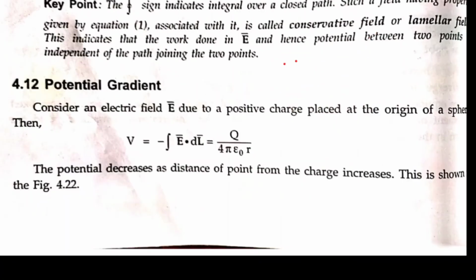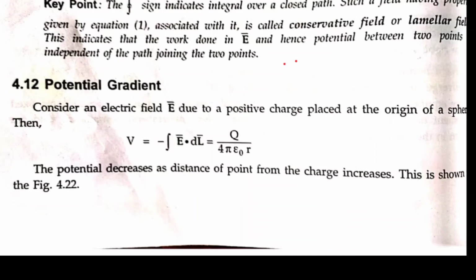Now we go for potential gradient. If you consider electric field E due to a positive charge which is placed at the origin of a sphere, already we saw that for equipotential surfaces, with a point charge placed at origin, the potential V is given as minus integral E dot dl.